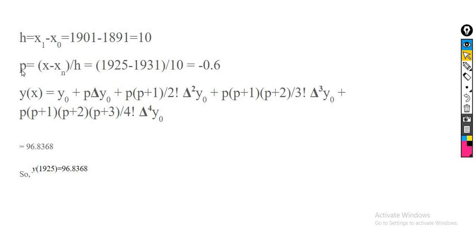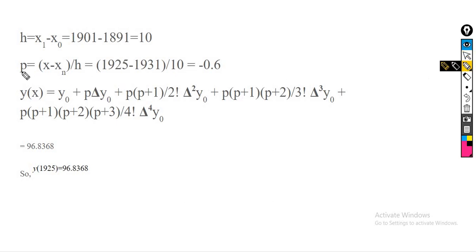p. Sorry, this will be u. So in the formula we have used, this will be p, u. You can also write it p, but this is u. So what is u? We are calculating x minus xn divided by h. So this is 1925 minus 1935. Now see, these are the positive values. These are u into u plus 1, u into u plus 1 into u plus 2.